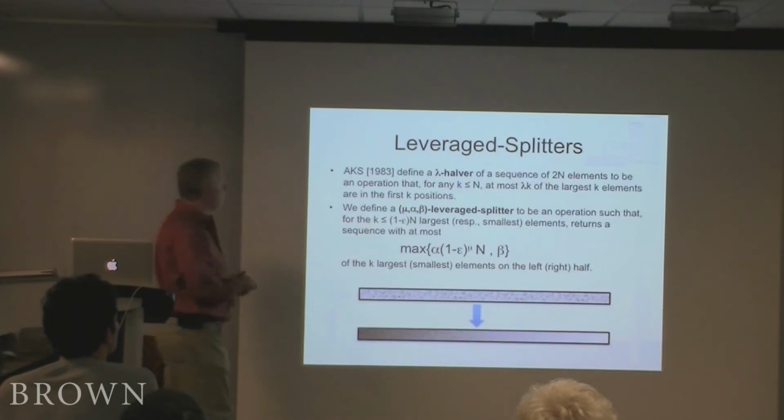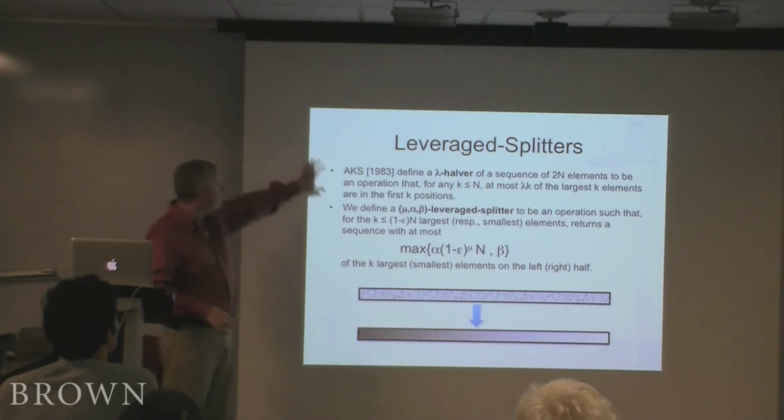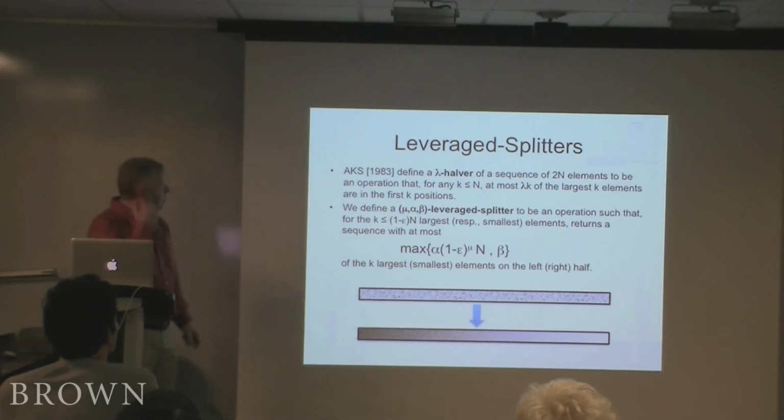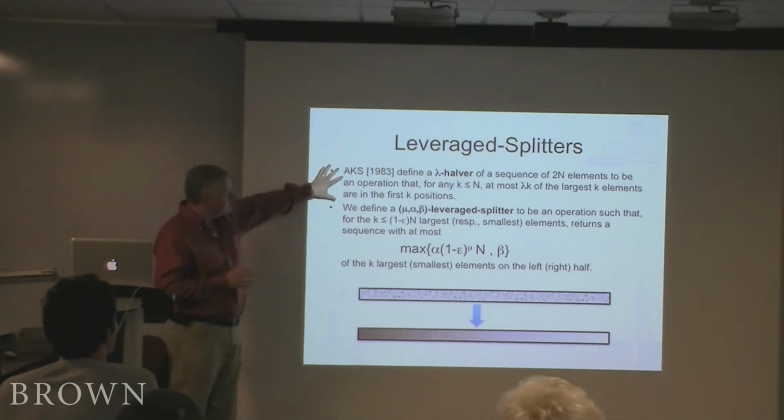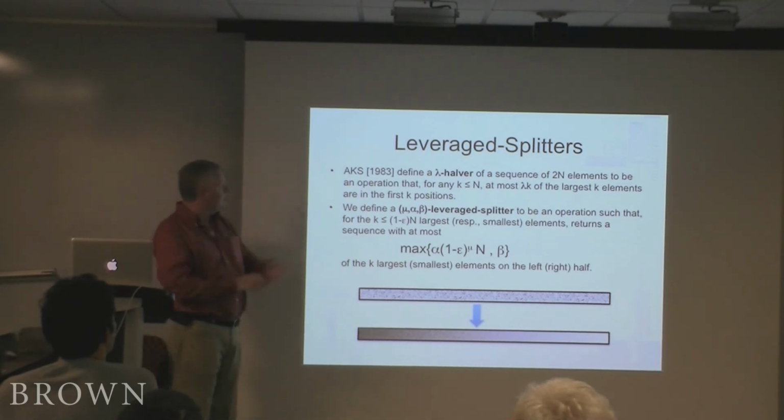All right. In order to make that proof, the key component is the definition of what I call a leverage splitter. It goes back to something similar to a definition that existed for the AKS sorting network.